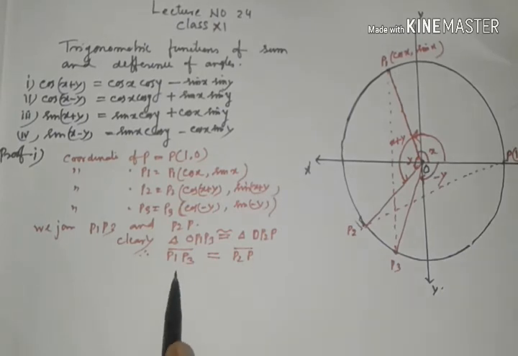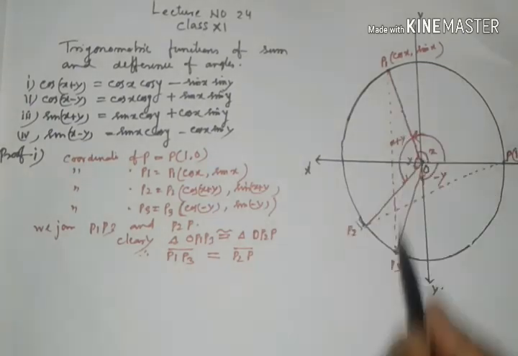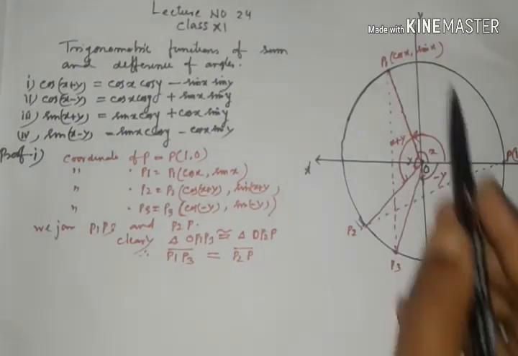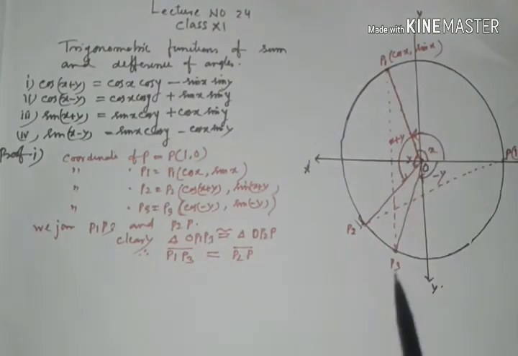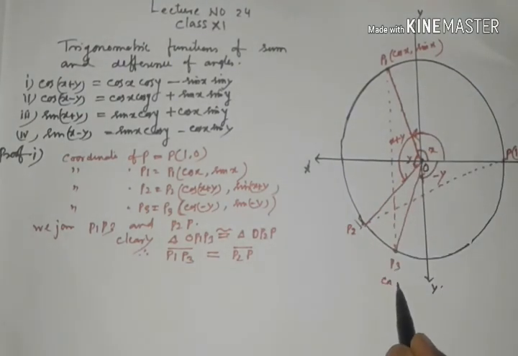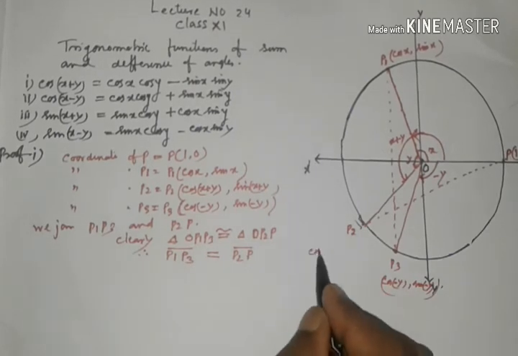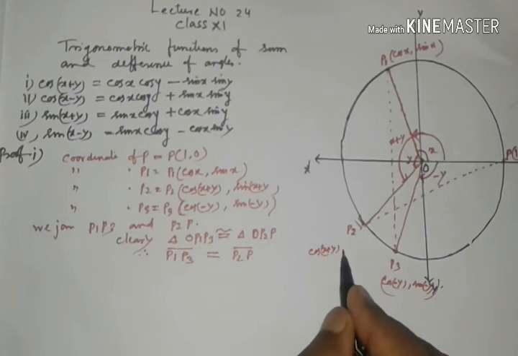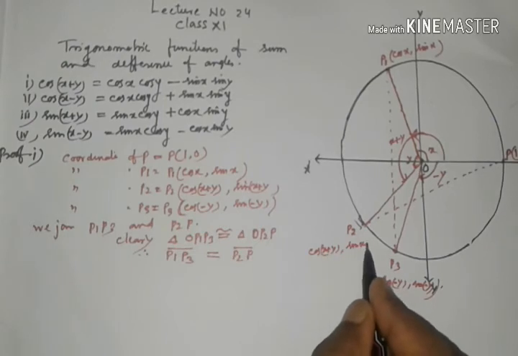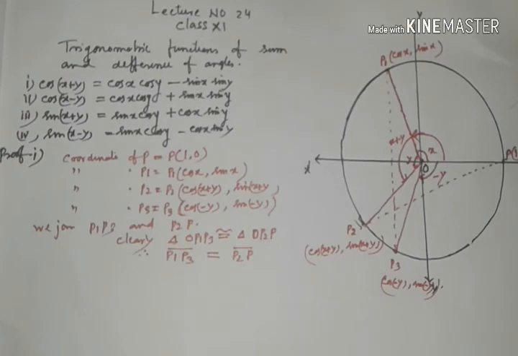Now we apply the distance formula to find the distance between P1 and P3. The coordinates are (cos x, sin x), (cos(minus y), sin(minus y)), and (cos(x + y), sin(x + y)).